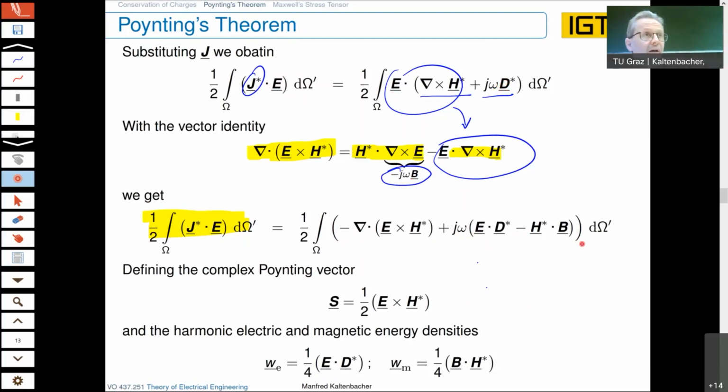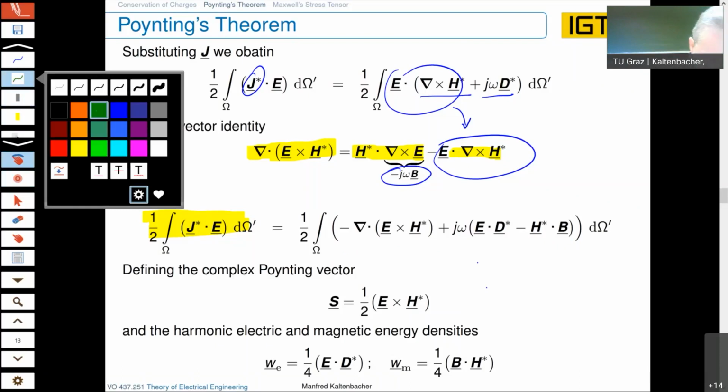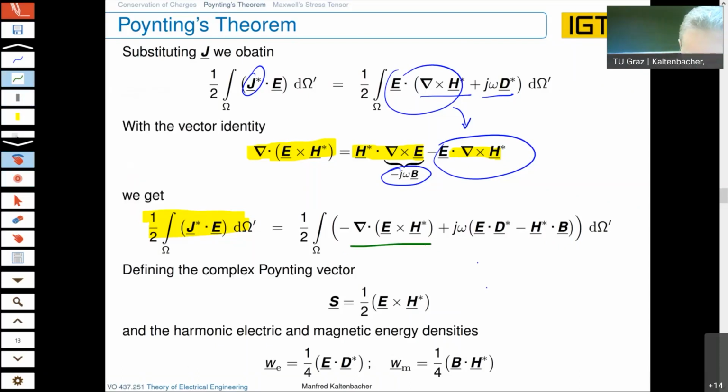Okay, so we nicely see that what we have obtained now by substituting Maxwell's equation is that we have obtained here this term, without the divergence operator, which we know is nothing else than our Poynting vector, and the terms we have here are clearly energy densities, electric field and magnetic field.